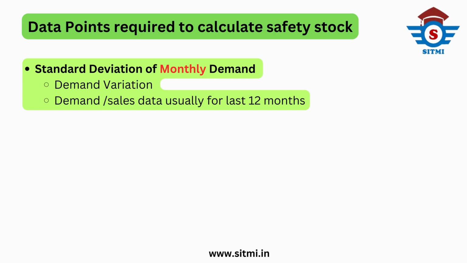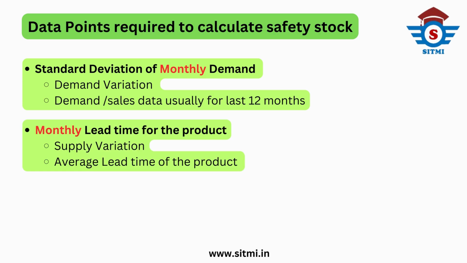The second data point we need is the supply. On the supply front, we need the monthly lead time of the product, and this can be an average lead time of a product considering past lead times of receiving. Here, we have considered demand variation for a monthly demand, and because of that we have considered lead time in a monthly bucket.